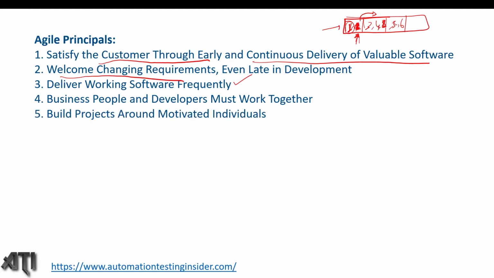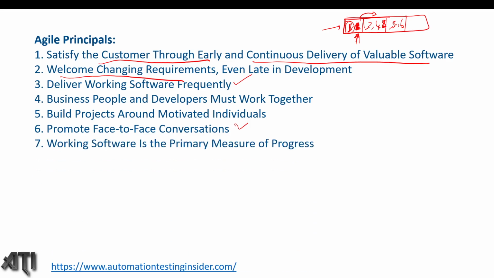Build projects around motivated individuals. Promote face-to-face conversations. So instead of communicating through emails or chats, we always focus on how we can interact with each other through calls or face-to-face meetings.